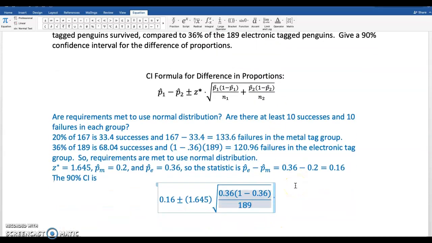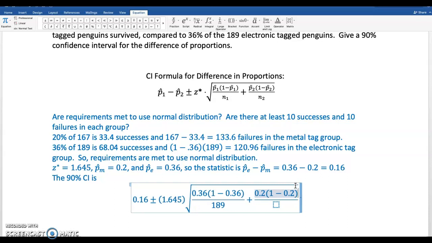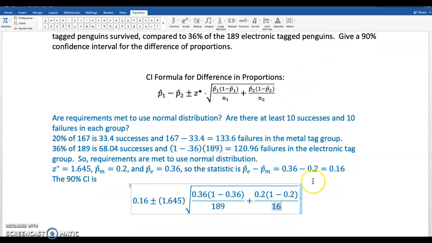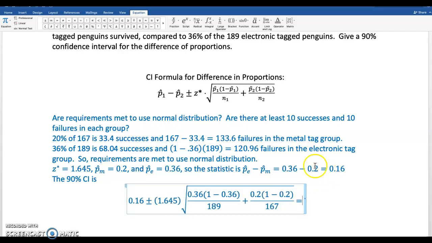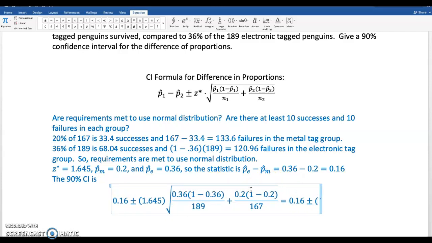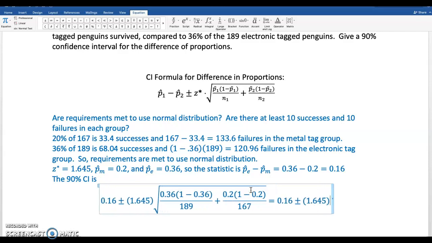And then I'm going to add that to 0.2 times 1 minus 0.2. The second group is the metal tag group, and there was 167. Now we should have this whole thing underneath the square root.